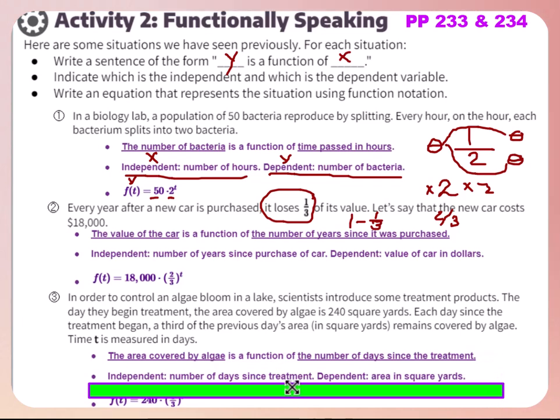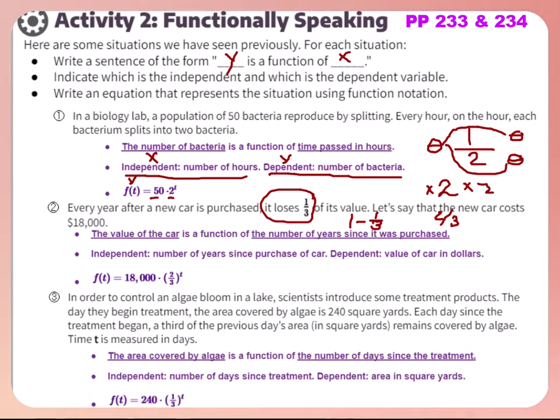So the area is going to be a function of the number of days. Output is always a function of input. The independent variable is going to be your x. Independent is always going to be time. So the number of days since treatment is your independent variable. The dependent variable is going to be the area in square yards.